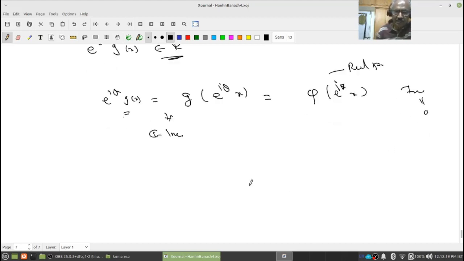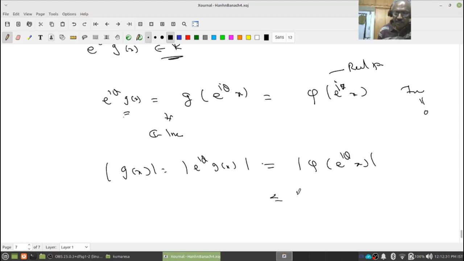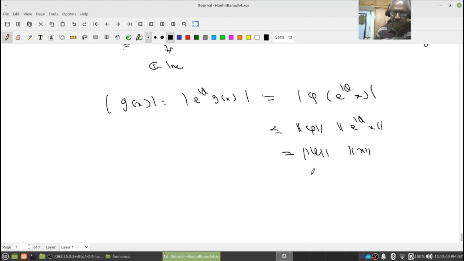Do you understand that? Now, therefore, what is mod g of x? Mod g of x is mod e power i theta g of x, but that is equal to mod phi of e power i theta x. That's less than or equal to norm of phi into norm of e power i theta x. That is equal to norm of phi into norm of x, but norm of phi is the same as norm of f. Therefore, what we know is norm of g is less than or equal to norm of f.